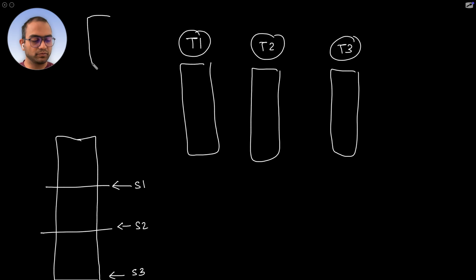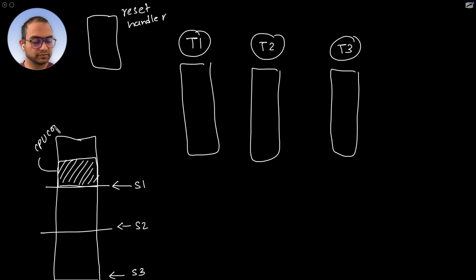And our CPU at the very start was executing the reset handler. And imagine that within the reset handler, if we could create here a dummy CPU context, and by CPU context, I mean a set of CPU registers.